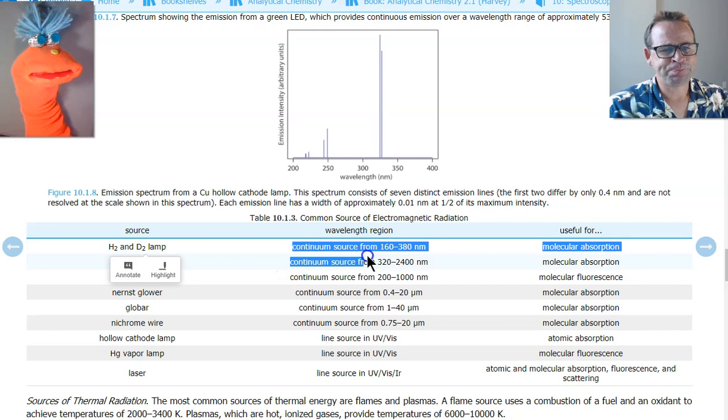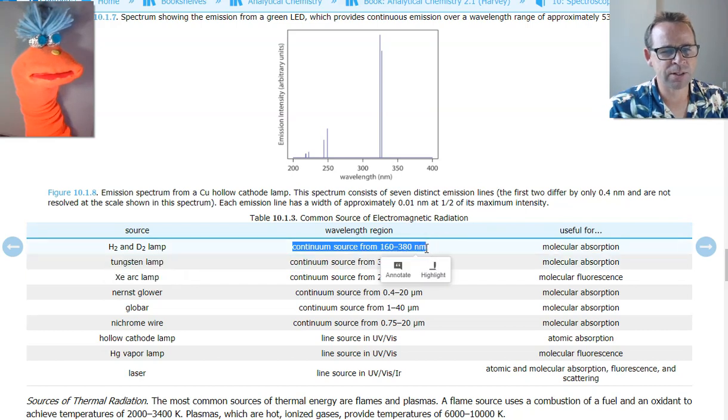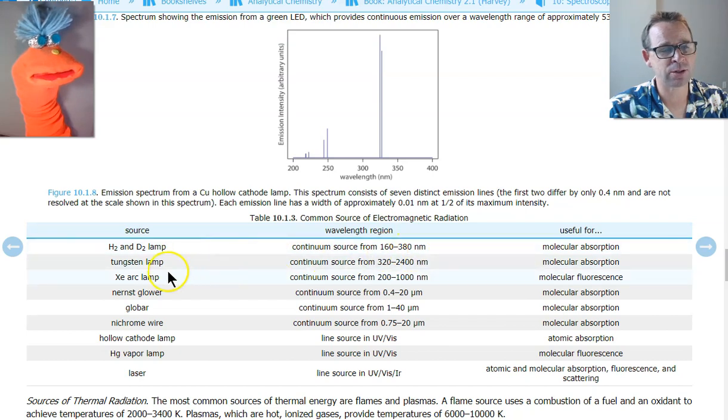But often this is a wavelength of electromagnetic energy that it's hard to get. So you'll see frequently deuterium lamps being used. Tungsten lamps encompass the visible range very well. A xenon arc lamp doesn't give as low a range in the UV.